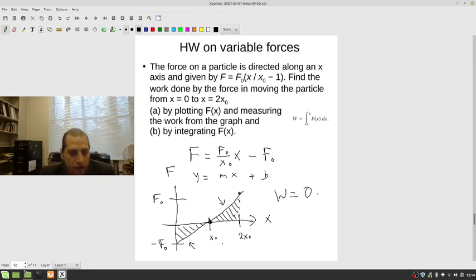Interesting. Why is that? Well, it's because part of the way the force is pulling backwards, that's negative work. Part of the way it's pushing forwards, that's positive work. Now, how else could you find that?